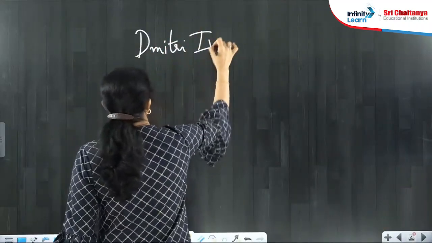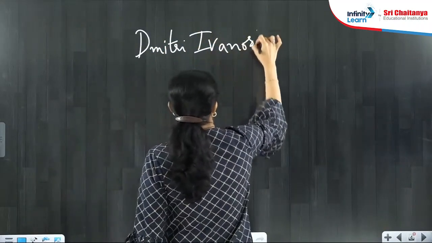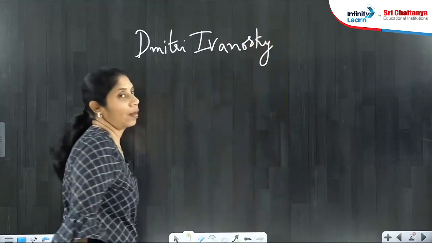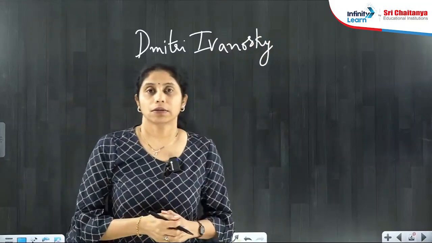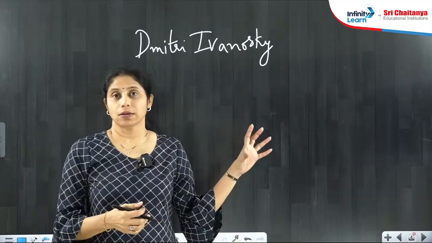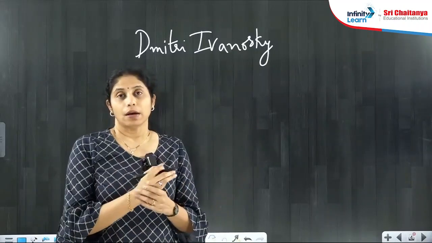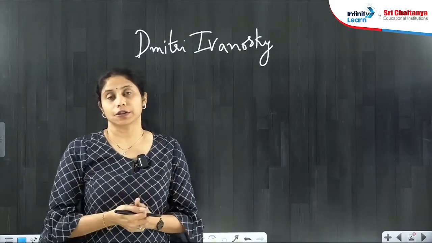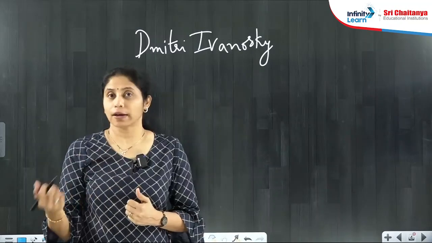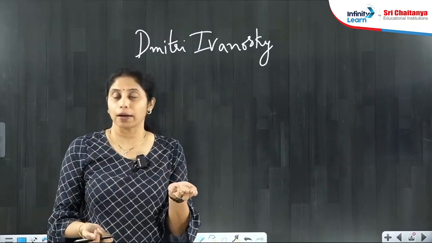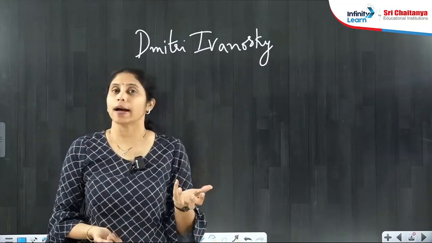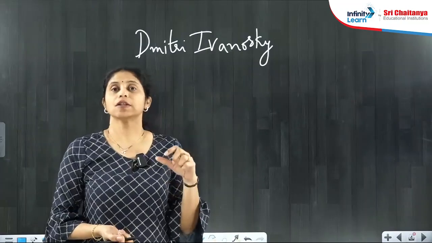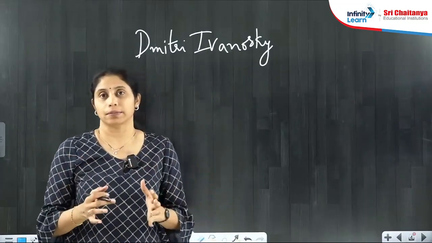Dmitry Ivanovsky first observed that these are smaller ones, and they can be passed through the bacterial filters, which are actually trapping bacteria. That means these are smaller than the bacteria.